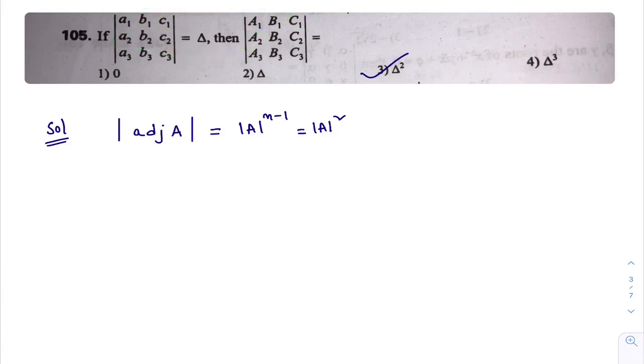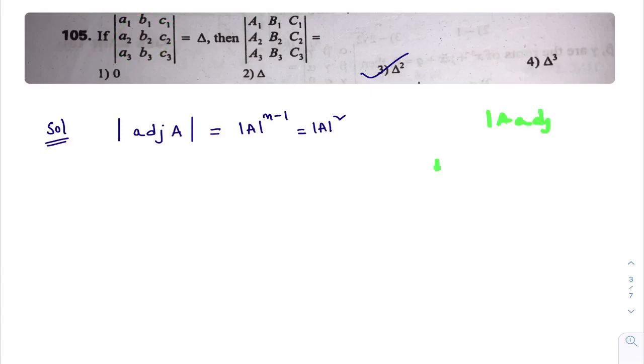So what are these cofactors? What is adjoint A? Adjoint A is the transpose of the cofactor matrix. You know, in determinants, determinant of A is the same as determinant of A transpose, one of the properties of determinants. So here, whatever they are asking, that is the determinant of the adjoint of this matrix. Please try to understand. We have a formula in the synopsis.